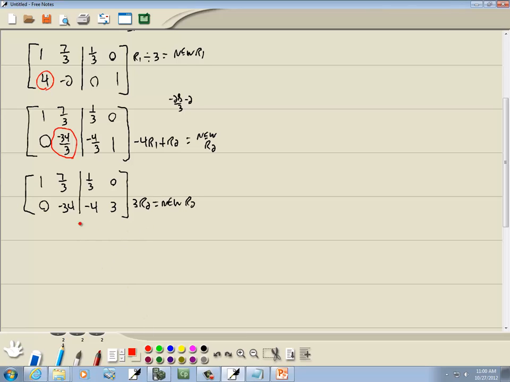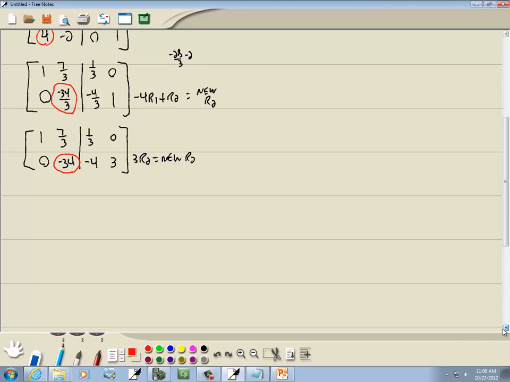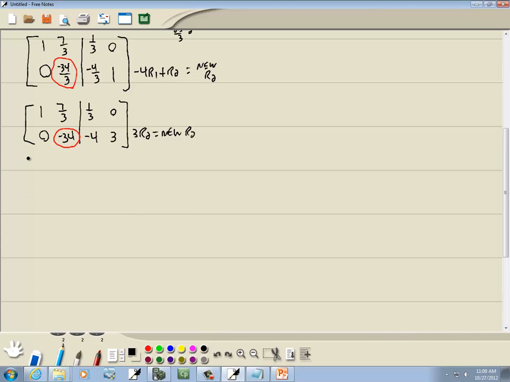Well, we still want to get a 1 here, so we'll divide everything by negative 34. So 1, 7/3, 1/3, 0. And I'll take row 2 divided by negative 34.